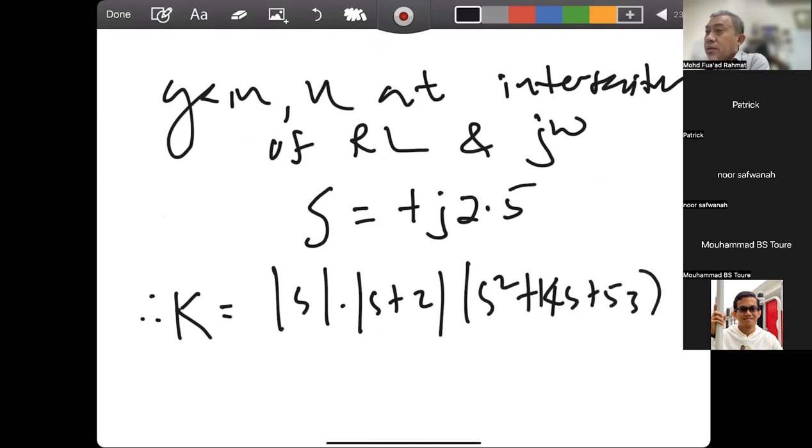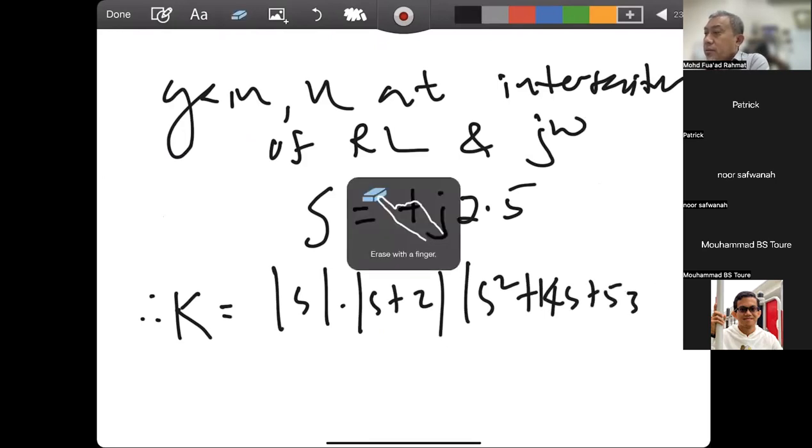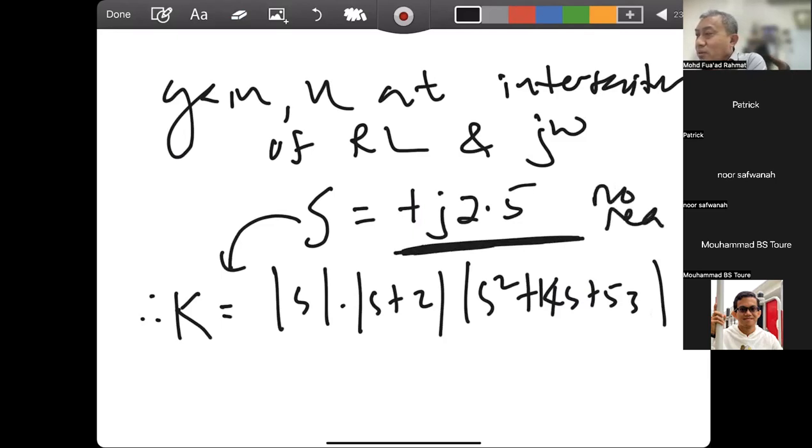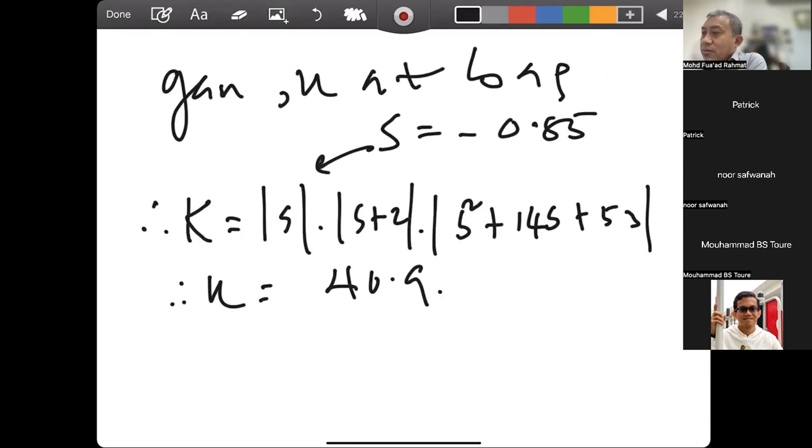But you insert this value plus J 2.5, no real value, so no real part. This one has no imaginary part, it is a real part.